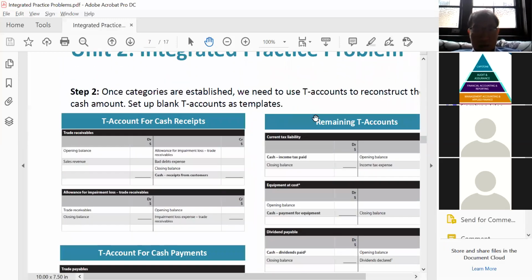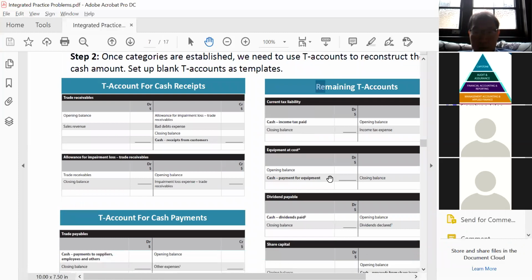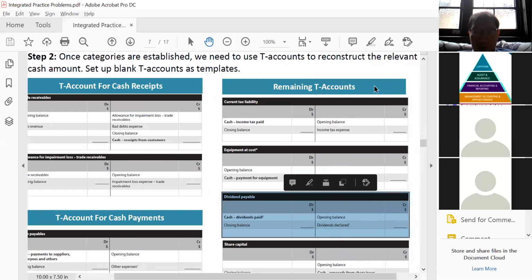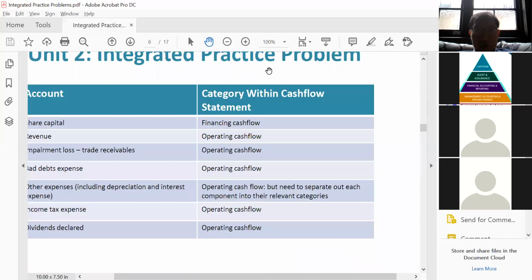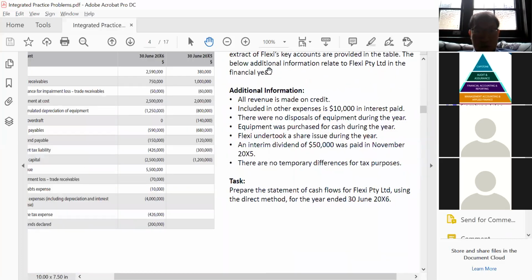Again, if we take another example, another T account, this dividend payable. The dividend payable has an opening balance and a closing balance. How do we find the opening and the closing balances? We need to go back to our information, which is here.